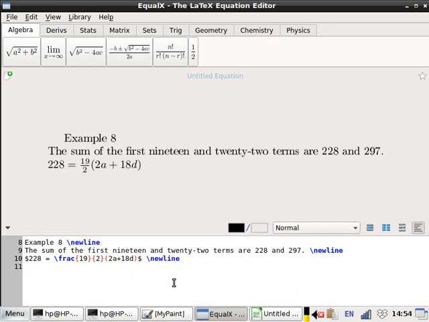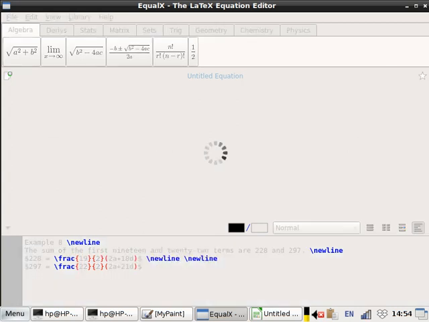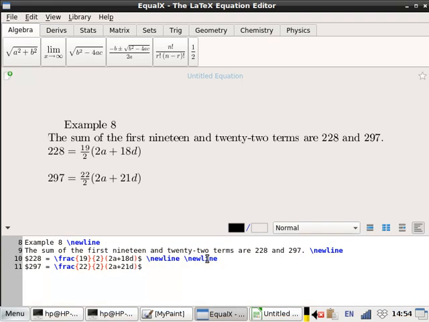We're not quite there yet. Right, second one. 297 equals 22 over 2, 2a plus 21d. Right, can you read that okay? I'll put in a bit more space for you. So I've made two equations.